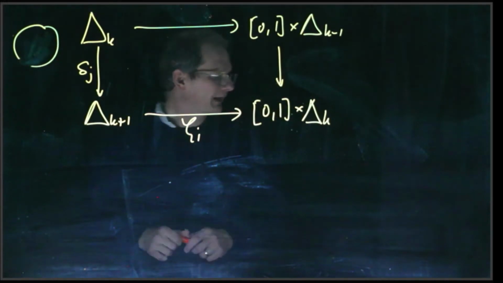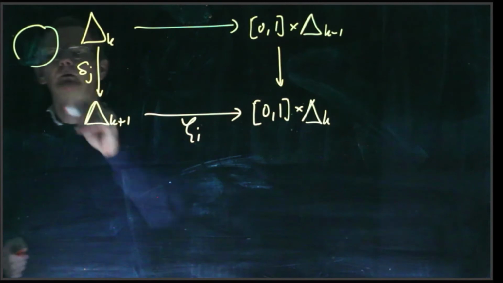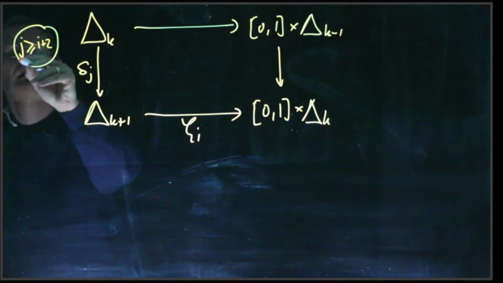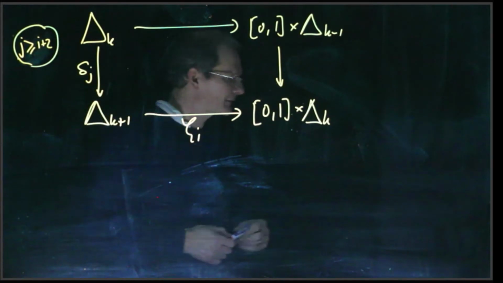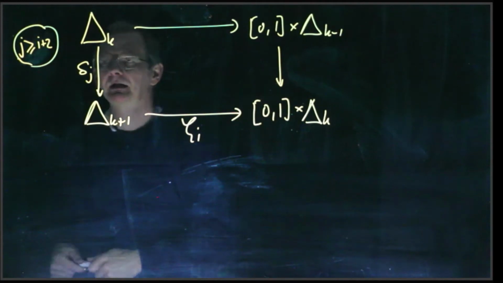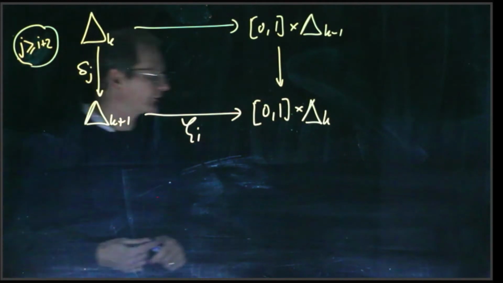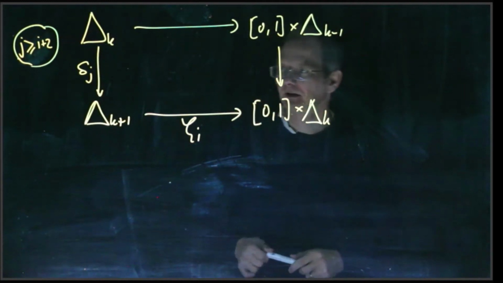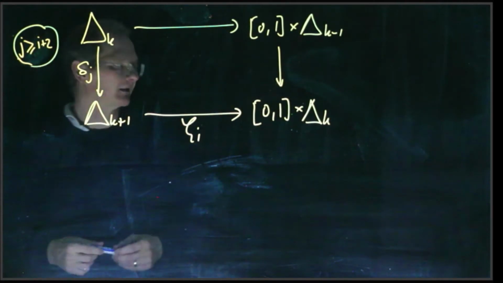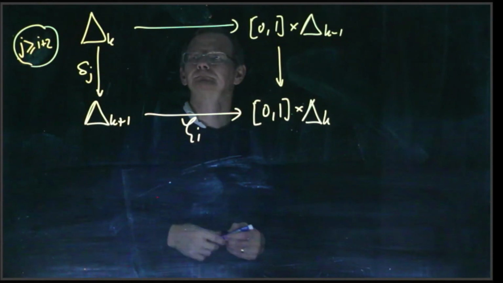Okay, so the next case we're going to consider is where J is at least I plus 2. Notice we skipped a couple of things here. The last case was for J less than I, and now we've skipped over J equals I and J equals I plus 1, which we're going to consider separately later. Now we've jumped over to J greater than or equal to I plus 2.